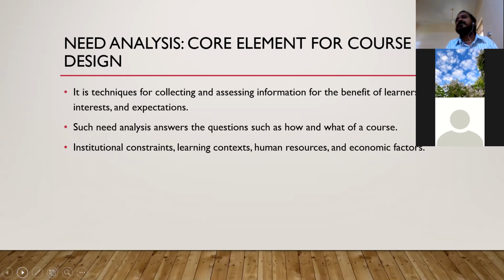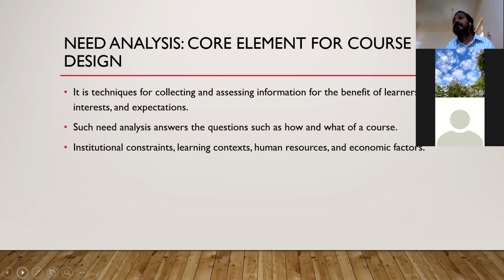And the third one is institutional constraints. The institution may not want that to happen because it has limited resources. It has no resources at all sometimes. So the institutional head might say, don't worry, students will pick up during the classes, so there is no need to go for additional research material, additional research into need analysis.